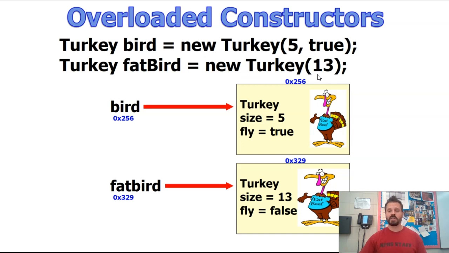Java's going to automatically go to that second constructor that just takes an int. It's going to make a reference variable fatBird, and with that second constructor, we set the size to 13, and by default, that constructor set the fly value to false. So again, Java automatically calls the correct constructor based on the parameters you pass in. Make sure you're passing the correct stuff in when you make the calls to the constructors.